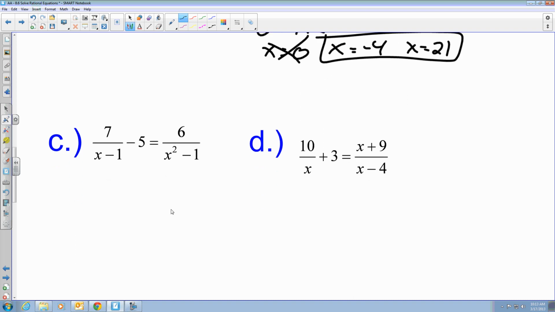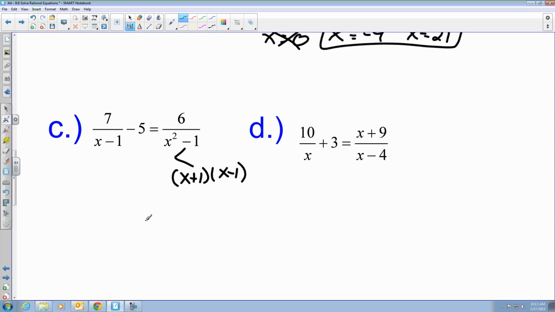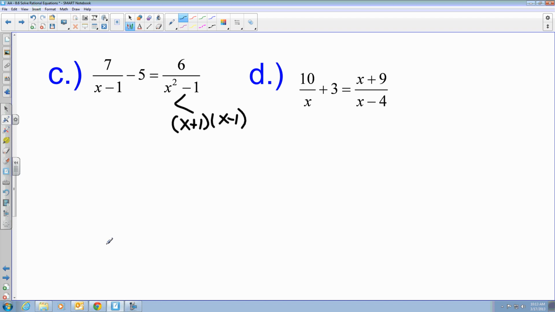So here, I want to rewrite this to let you know that this could be x plus 1 and x minus 1, just so there's no confusion. What I'm going to do now is find the least common multiple, which will be x plus 1 times x minus 1.